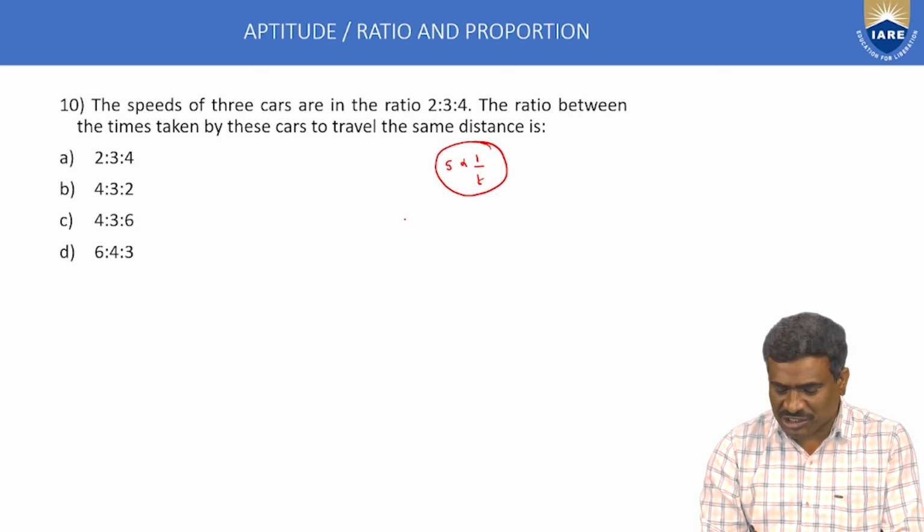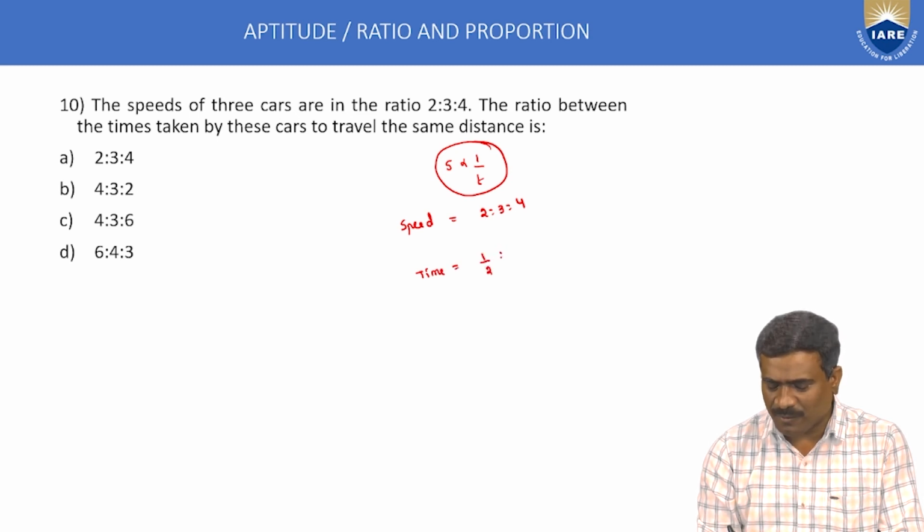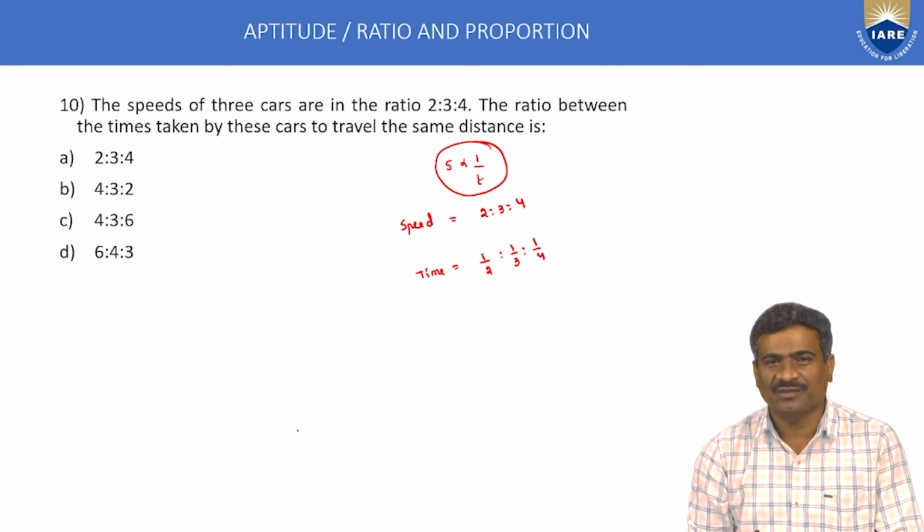Speed ratio, speeds of A, B and C is equal to 2 is to 3 is to 4, which is equal to the time ratio. Apply the inverse, meaning 1 by 2 is to 1 by 3 is to 1 by 4. You find only the numerator.